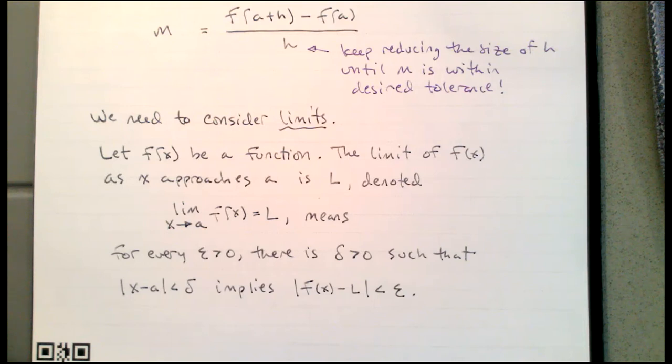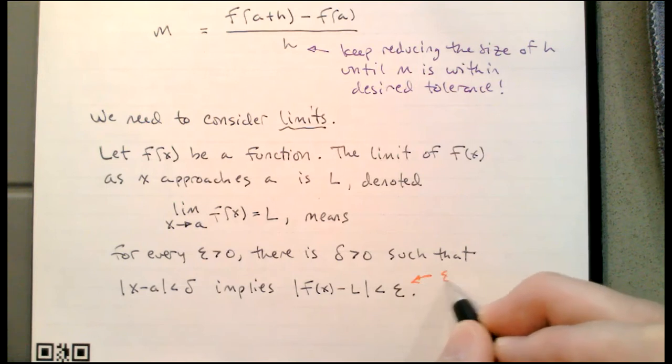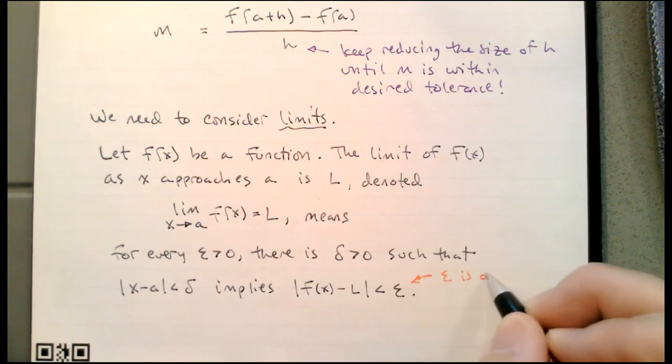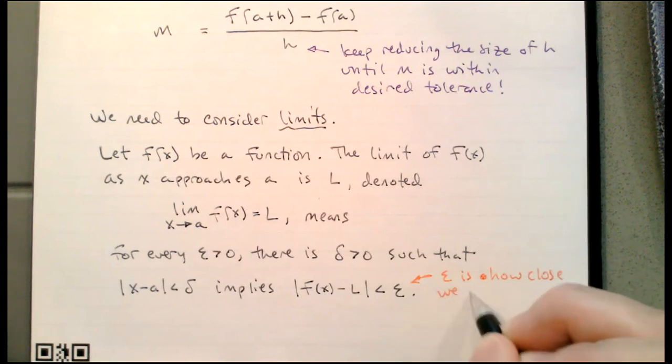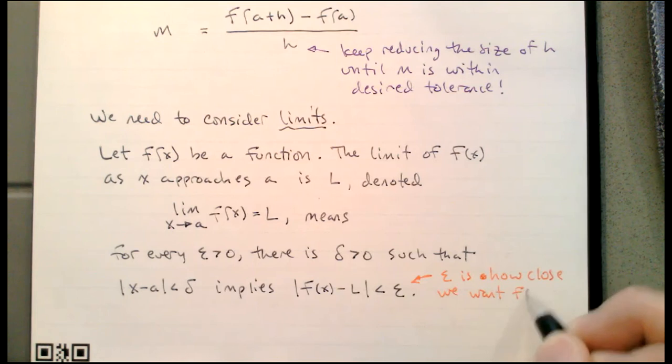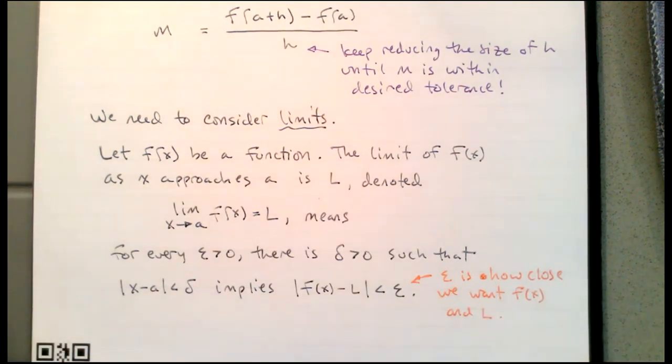Let's talk about what these symbols mean. Epsilon is how close we want f of x to be to L. Epsilon is how close we want f of x and L. This is what we're choosing.